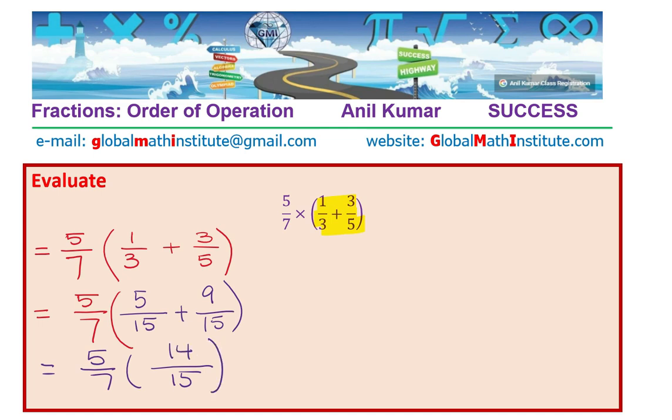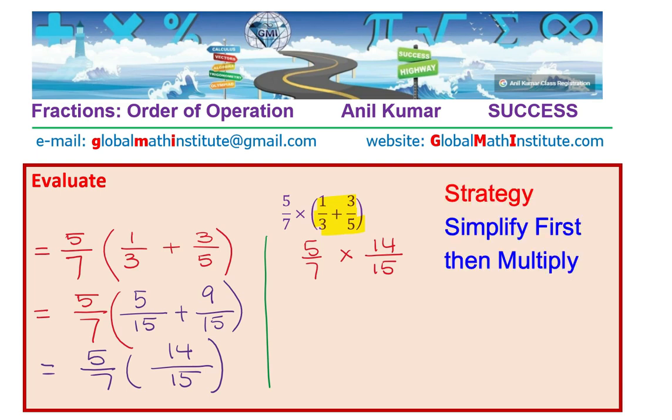So now we have to multiply 5 over 7 with 14 over 15. Now, one way, of course, is that you can multiply 5 and 14, 7 and 15. However, I recommend to simplify first. So the strategy here is to first simplify and then multiply.